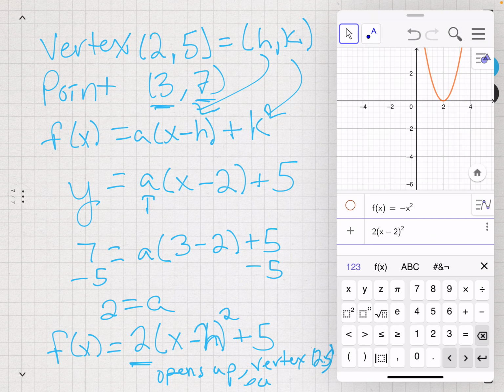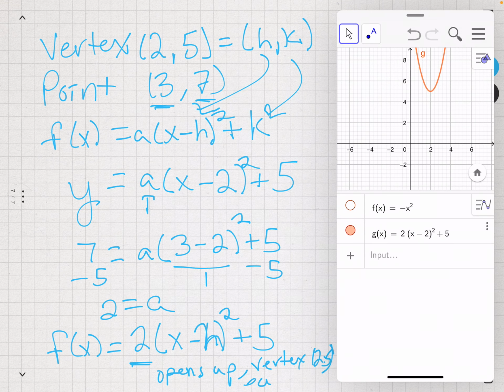Oh, I dropped a squared. Oh man, I really dropped a squared. Well, that's unfortunate. No, it's not, because 3 minus 2 is 1, and 1 squared is 1. So, whew, we didn't lose much. 2(x minus 2) squared plus 5.